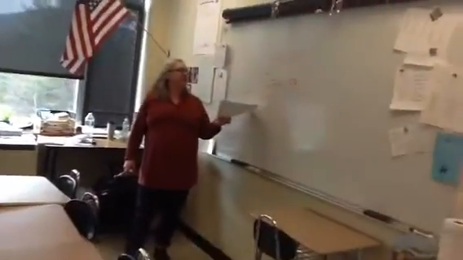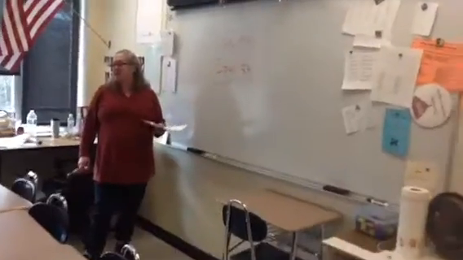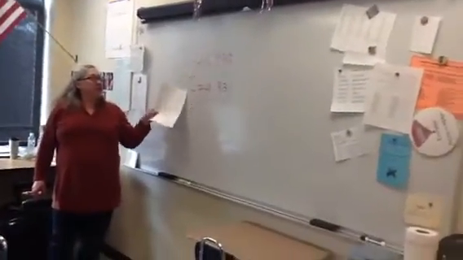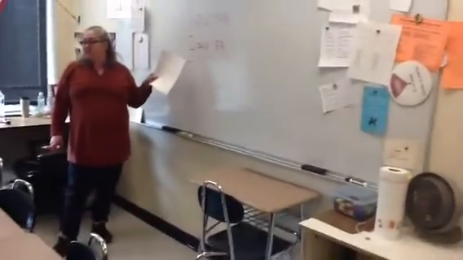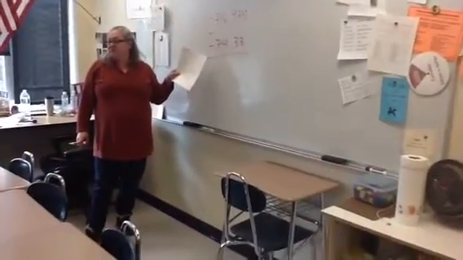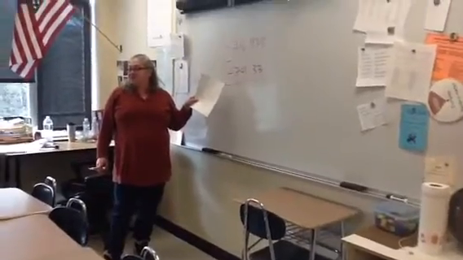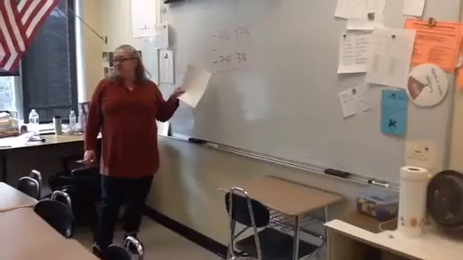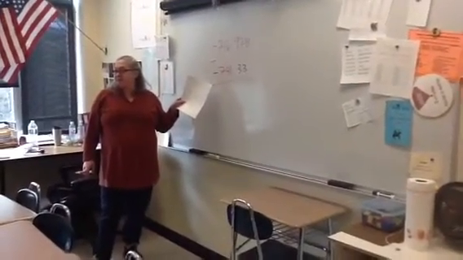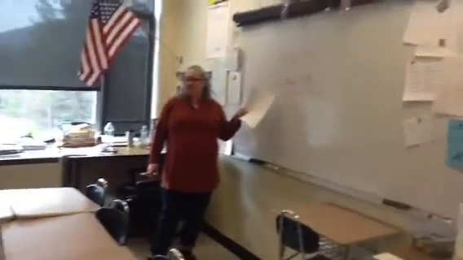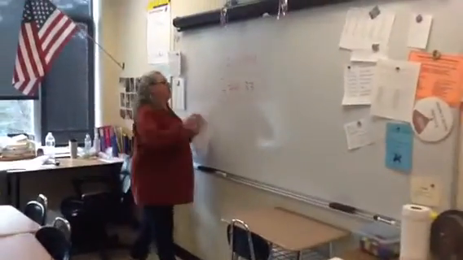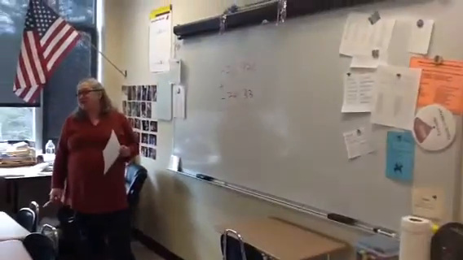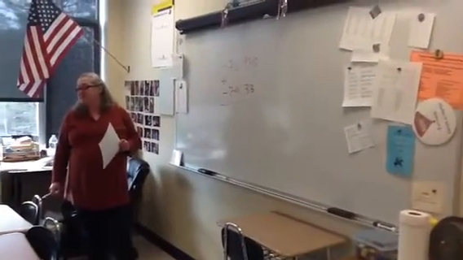Subtracting decimals, do we need to look at our integers here? I think so. Oops, my mistake, it's add. We're adding two negatives. What's the answer going to be? A negative.